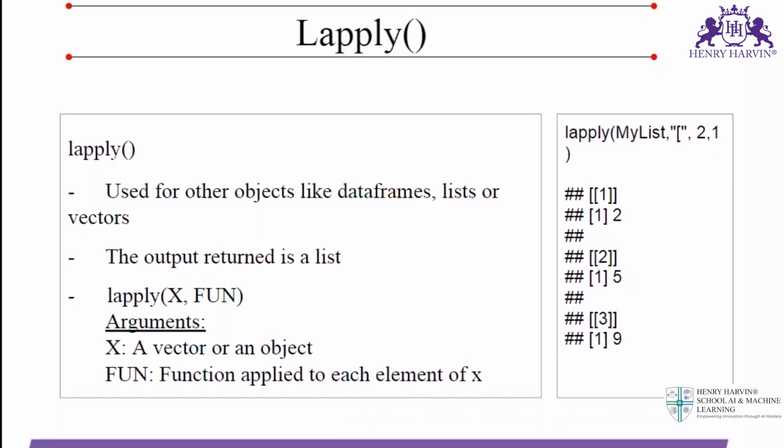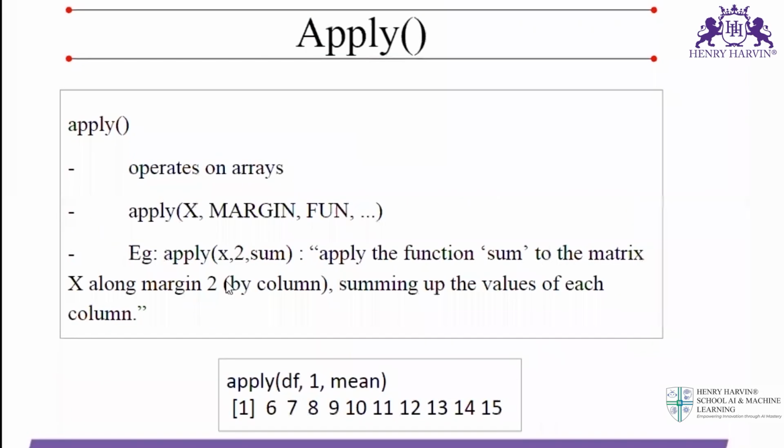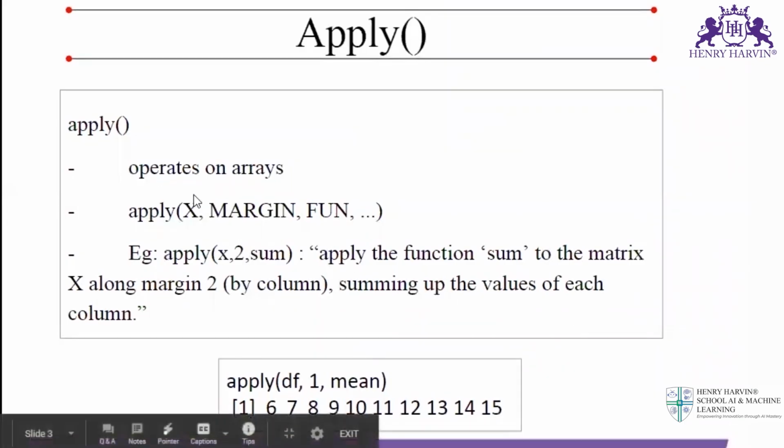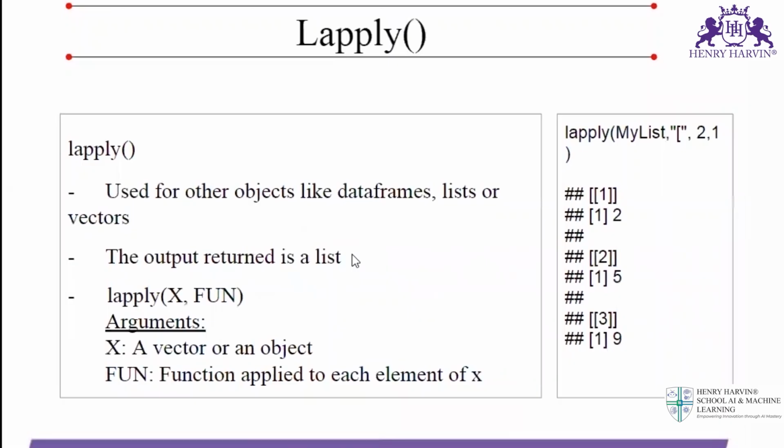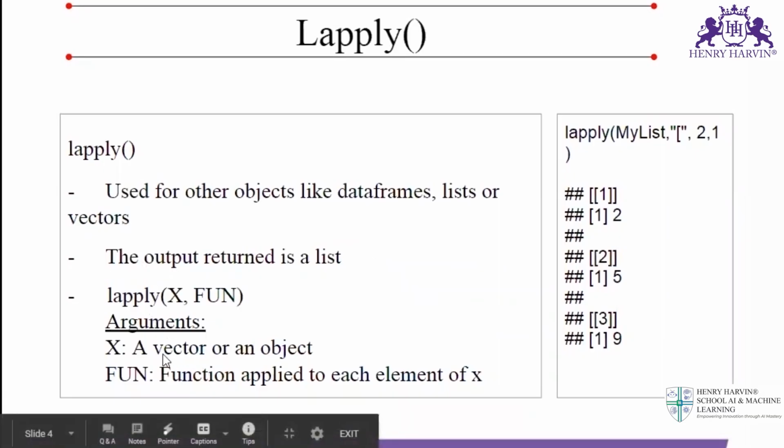When you want to use the lapply function, the data structure it takes is data frames, lists or vectors, and it returns a list. Earlier apply was returning both vectors and lists, but in lapply the return will only be in the form of a list. The function is lapply, and within the brackets X and FUN. Let's understand the function.